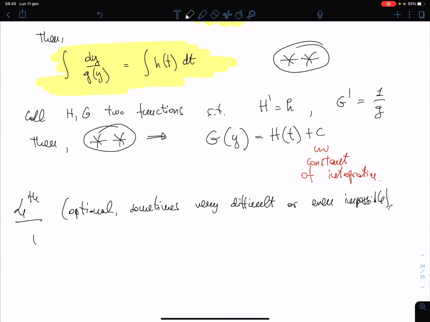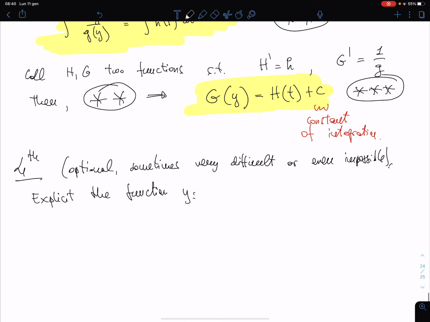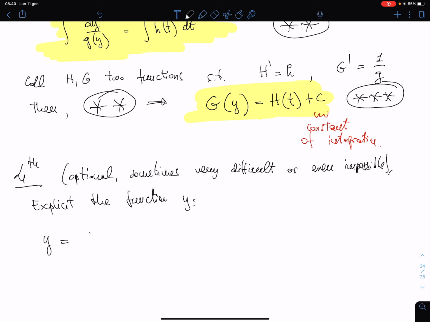But make y explicit, so from triple asterisk, which is this one, you have to make the function y explicit. So y is equal to the inverse of capital G applied to capital H of t plus c, so it is G minus 1 of H of t plus c.